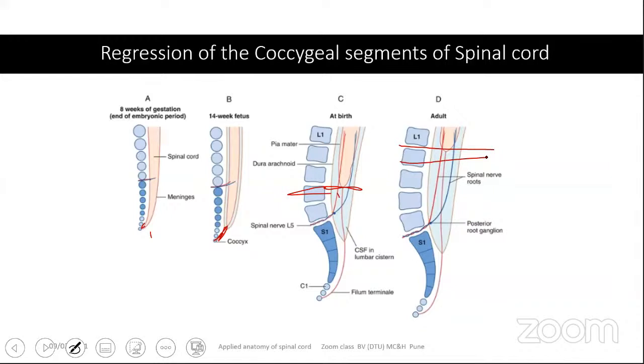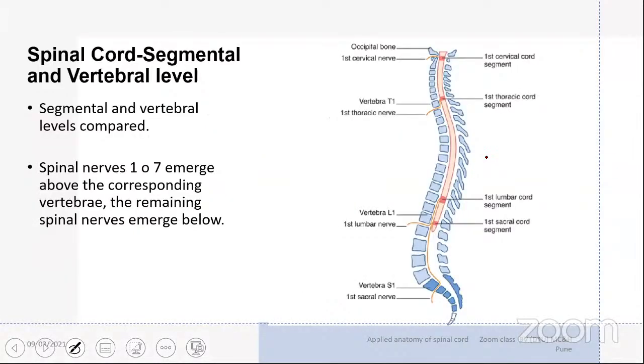The spinal nerves, which are from one... the remaining spinal nerves, one vertebra, and here is the lumbar segment, the first sacral segment, wherever it is from below this, right?